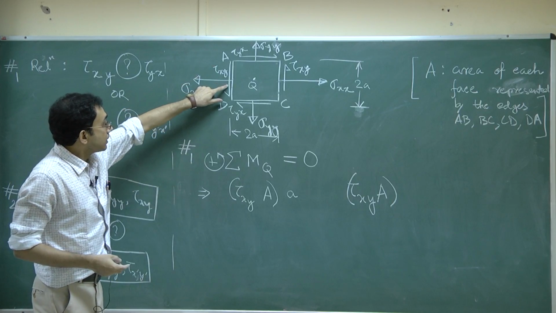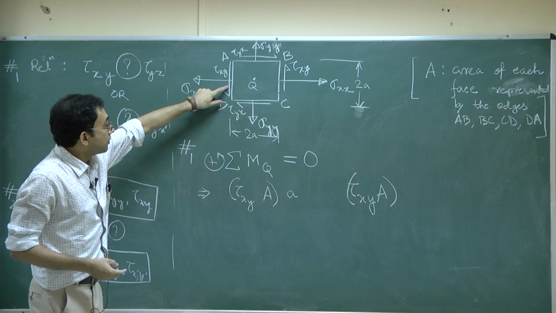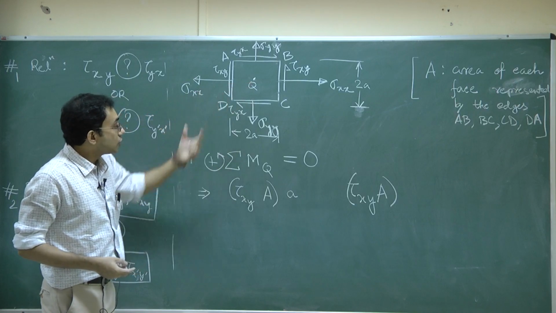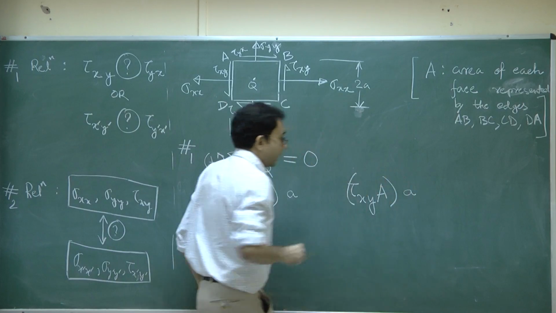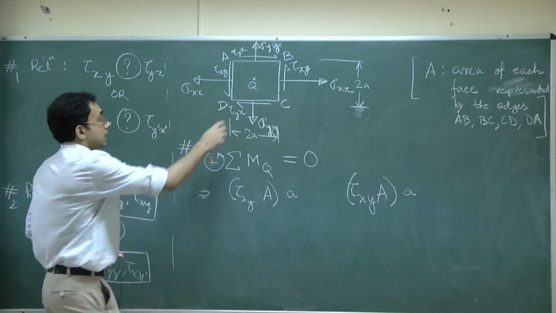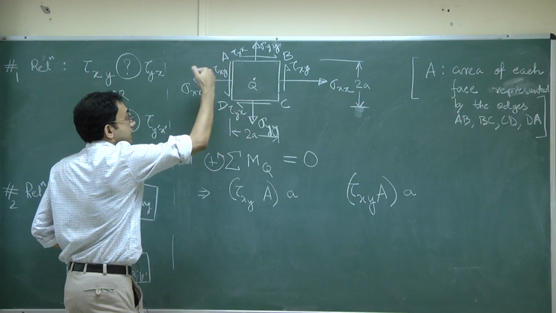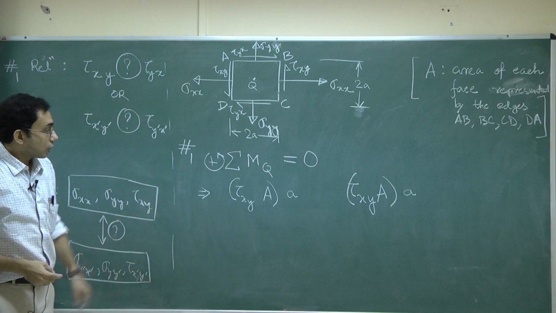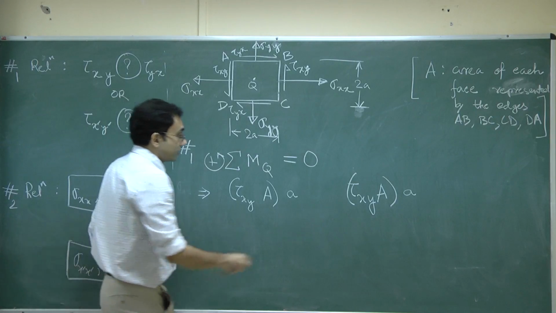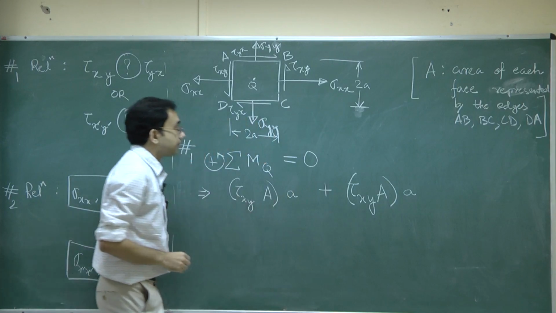This one has a moment arm about Q which is equal to A again. And what is the sense of this? This is the moment arm. Again, using the right hand thumb rule, it curls in the counterclockwise direction. So by our convention, this is positive.